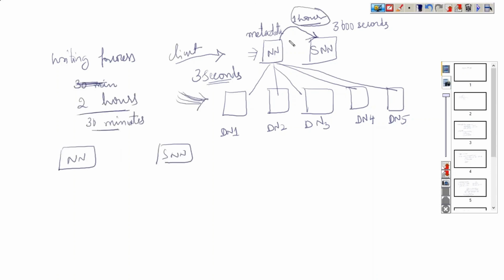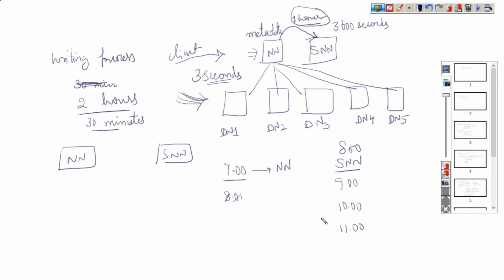After 30 minutes, the name node went down. When will the backup be created for the secondary name node? Say the cluster starts at 7 o'clock, then 8 o'clock, next 9 o'clock, next 10 o'clock, like this the backup is going to be created in the secondary name node.